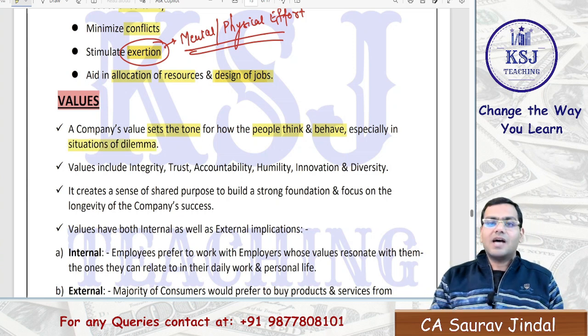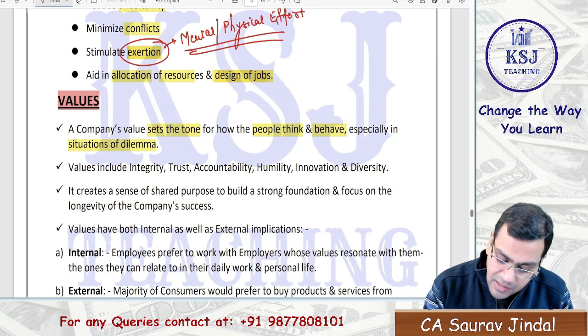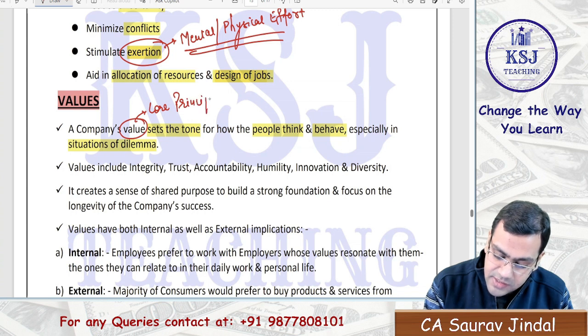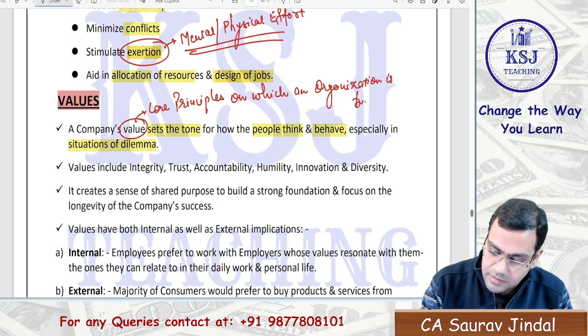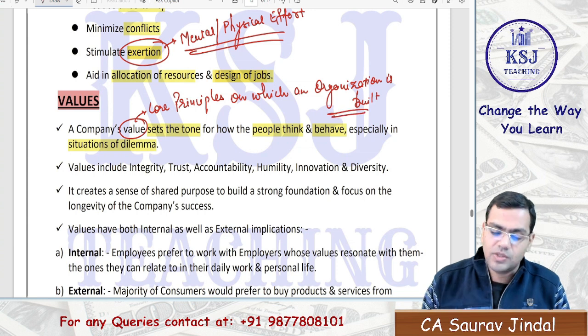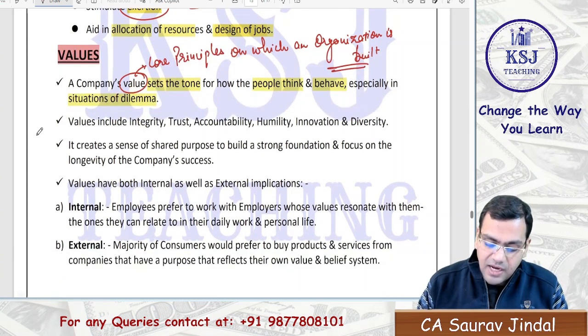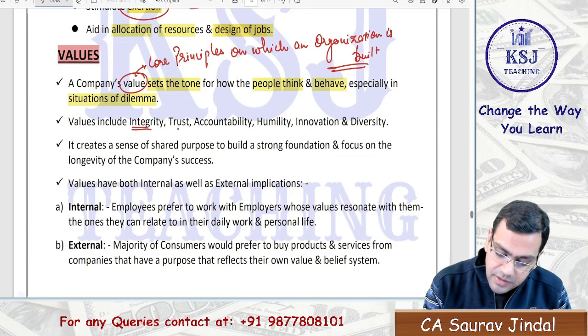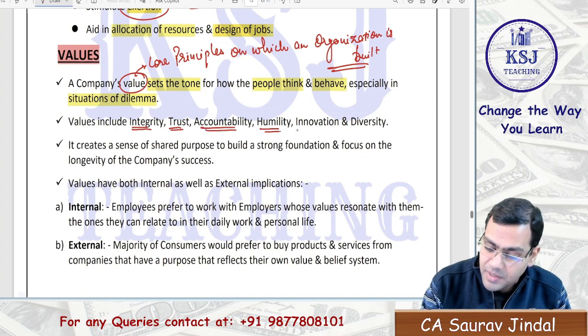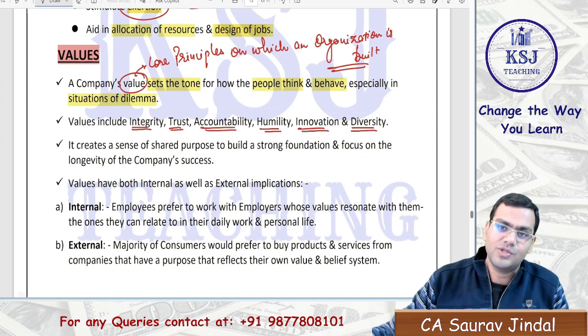Values are the core principles on which an organization is built. Values include integrity, trust, accountability, humility, innovation, and diversity.